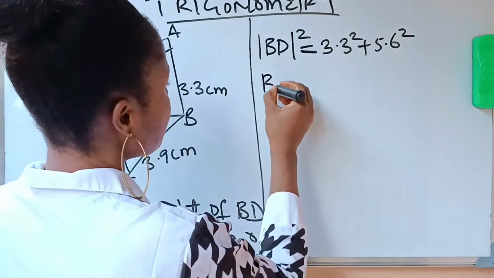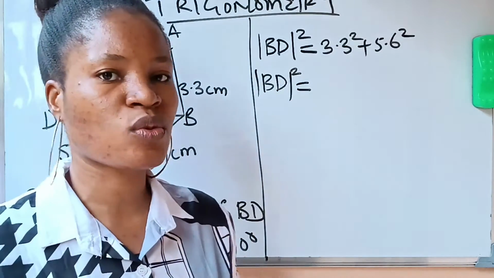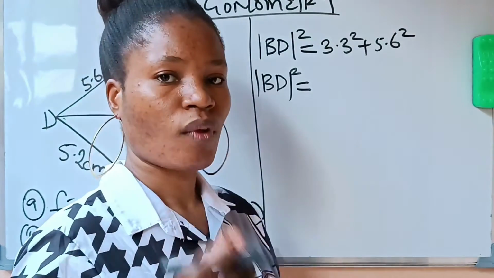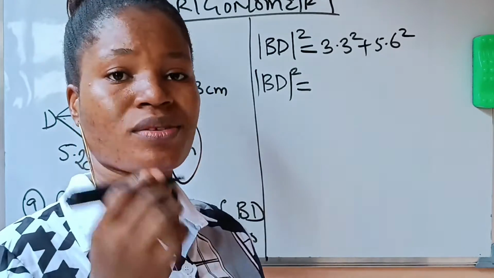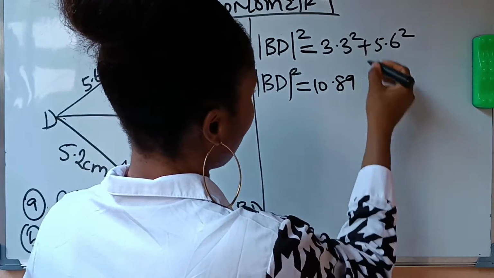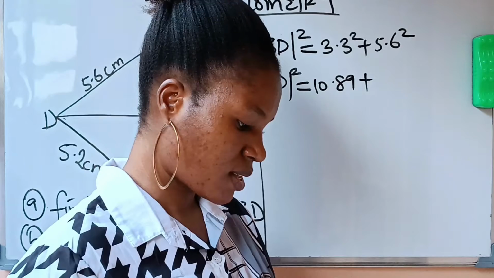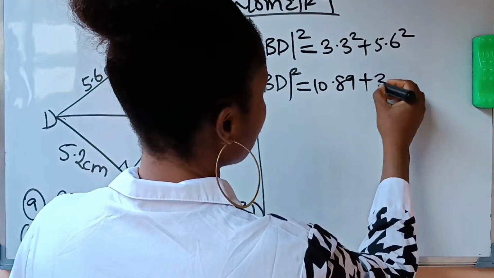So we have that BD squared is equal to 3.3 squared plus 5.6 squared. 3.3 times 3.3 is going to give us 10.89. Plus 5.6 squared, 5.6 times 5.6 is going to give us 31.36.